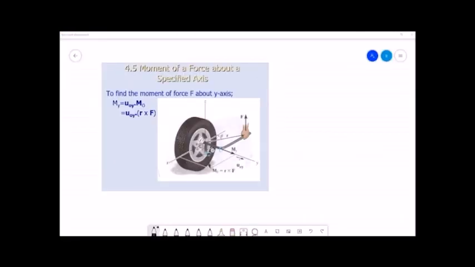Now we move on to the moment of a force about a specified axis. Let's say you need to determine the moment specifically on the y-axis, where the force is applied at axis OY.